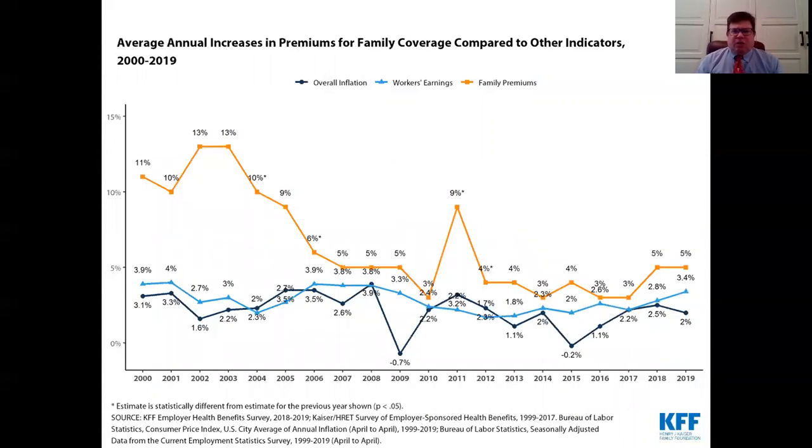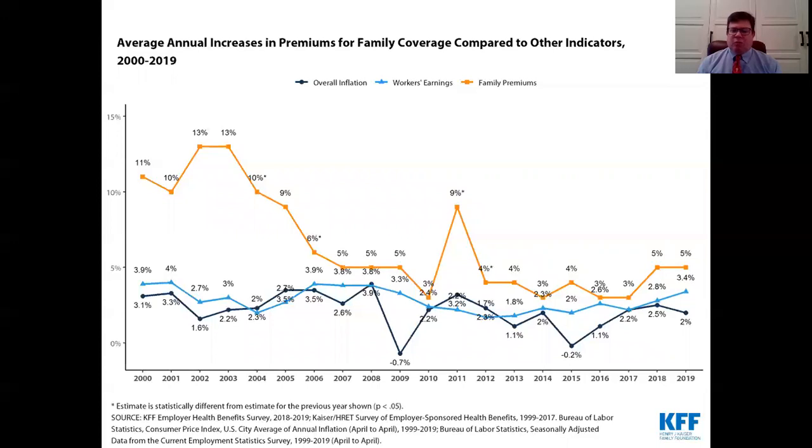Now, one thing to also compare this against is, if people were making more money, if inflation's going up, maybe this doesn't make much of a difference. But what we see is that the family premiums are far and away above both overall inflation and overall workers' earnings growth over the last several decades. So what we see here is that in 2019, overall family premiums went up by 5%, but workers' earnings only went up by 3.4%, and we had 2% inflation.